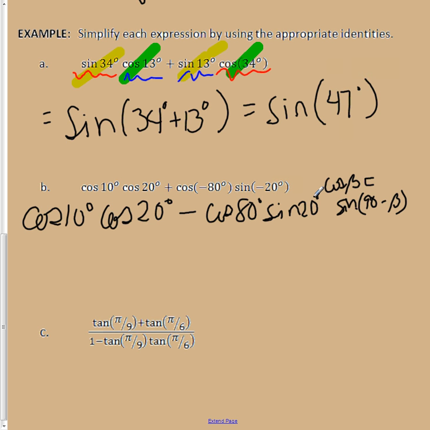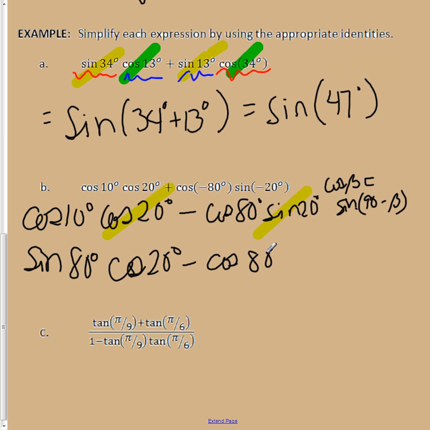Okay? Well, looks like we're getting closer, because now what we have is we have the cosine of 20, the sine of 20. But I have the cosine of 80 and I have the cosine of 10. That doesn't match. But remember, the cosine of beta is equal to the sine of 90 minus beta. So the cosine of 10 degrees is the same thing as the sine of 90 minus 10, or the sine of 80 degrees. So the sine of 80 degrees multiplied by the cosine of 20 degrees minus the cosine of 80 degrees, the sine of 20 degrees.